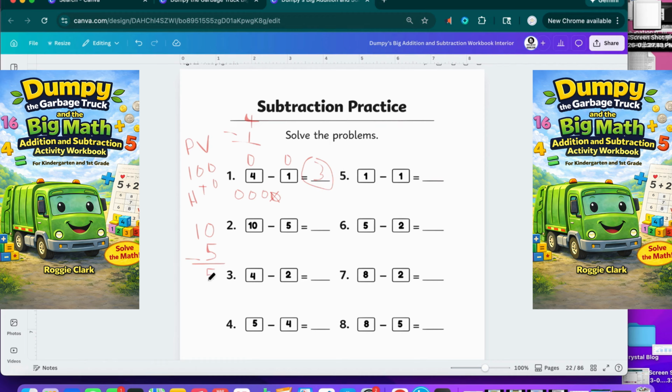The answer is 5, but for this one it might be better to draw 10 lines and again just cross them off. Cross off 5, then we just count what's left over: 1, 2, 3, 4, 5.